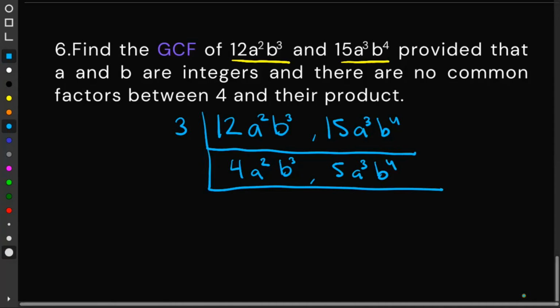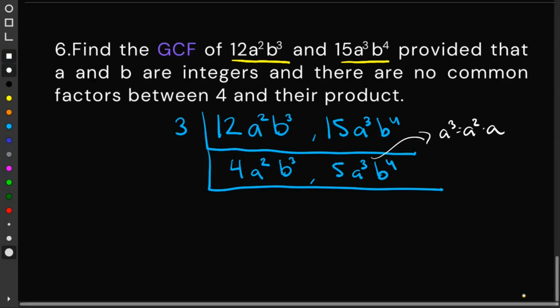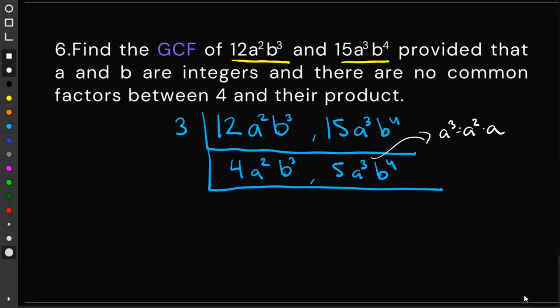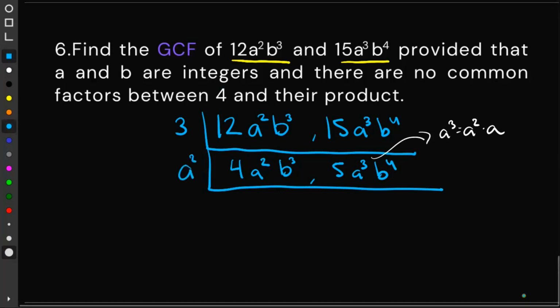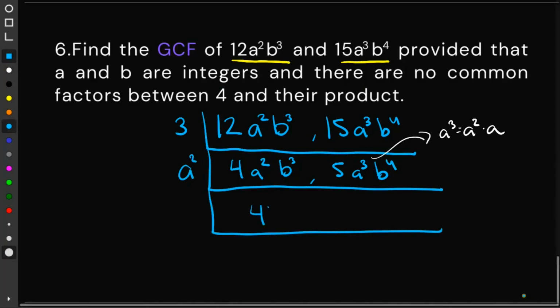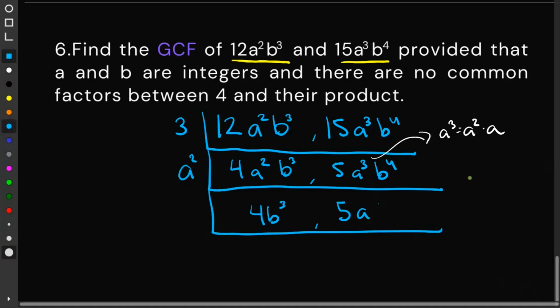For this one, note that a cubed is equal to a squared times a. That means that we can factor out a squared out here. So that would give us 4b cubed and 5ab raised to 4.